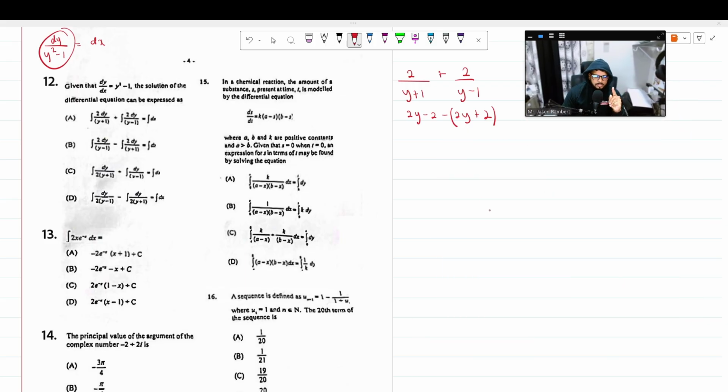For part C, I'll get 1 over 2 into y plus 1. There's a plus in between them. Plus 1 over y minus 1. My denominator is, a 2 might cancel. I'll get y minus 1 plus 2y plus 2, minus 1 plus 2, and y plus 2y is 3y.